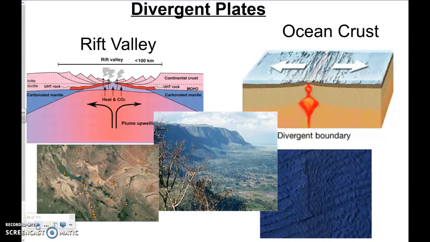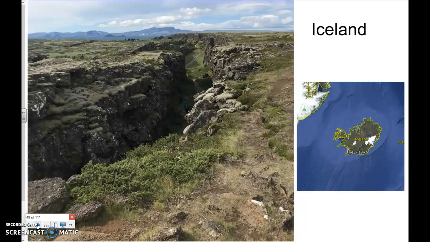Speaking of the Atlantic Ridge, let's go back to Iceland for a second. Up north, how did Iceland get created? Well, Iceland is also the result of a divergent boundary, that movement apart. This is a place where there's so much magma activity that the magma has created land.